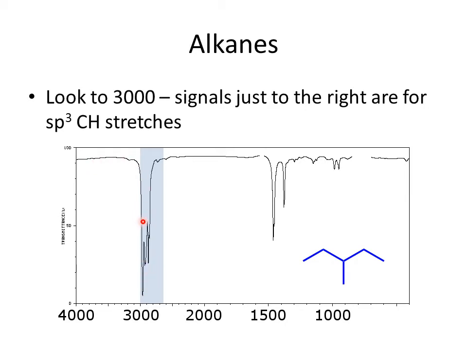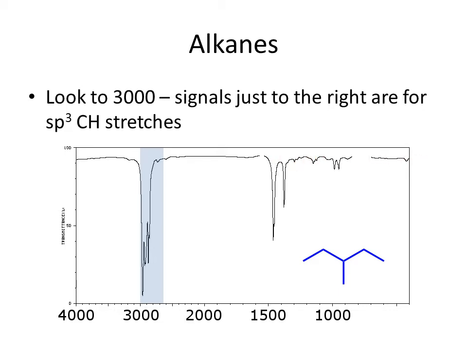But at this point, my light doesn't go through. Well, why doesn't it go through? Because this energy of light is the right energy of light to interact with the molecule. And therefore, as light hits, the molecule starts vibrating, and some of the light energy is transformed into vibrational energy. Therefore, the percent transmittance is very low. Over here, we see pretty much nothing, and then we see a couple more spikes.